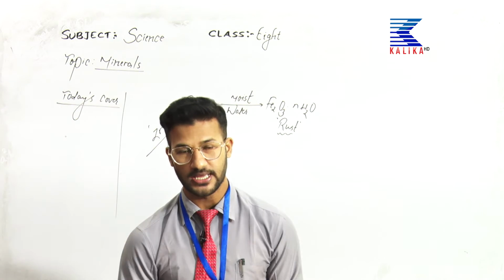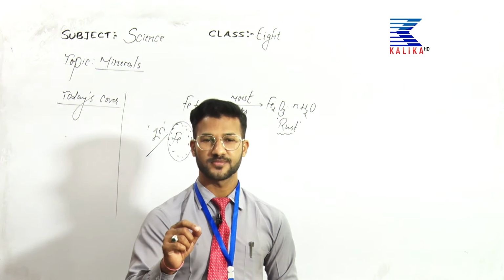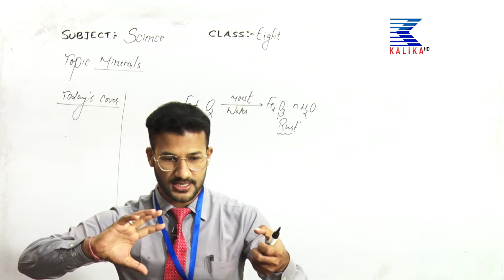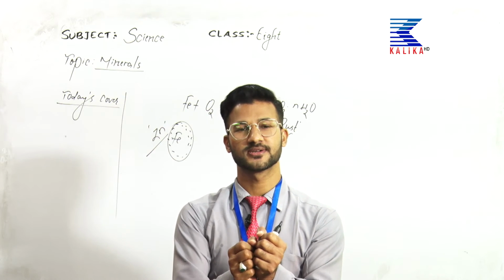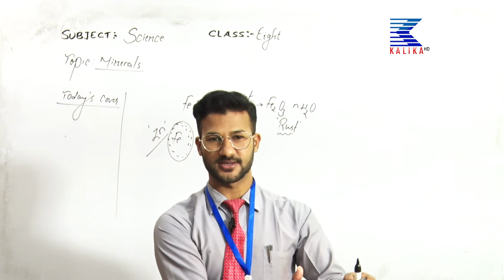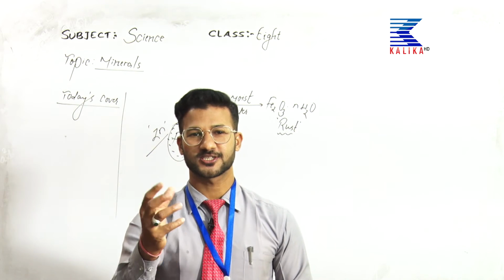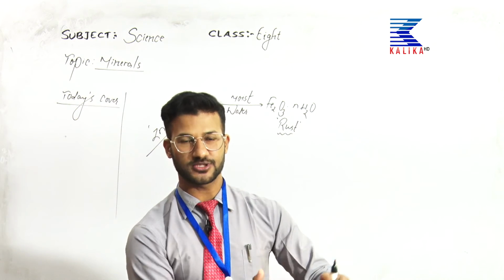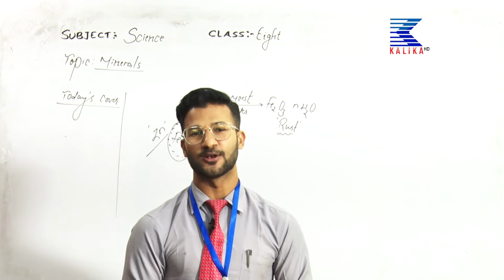You must know alloy. Alloy means when two or more metals are combined together, first melted and then mixed together. It forms a substance with different properties than their individual components. That is called alloy.